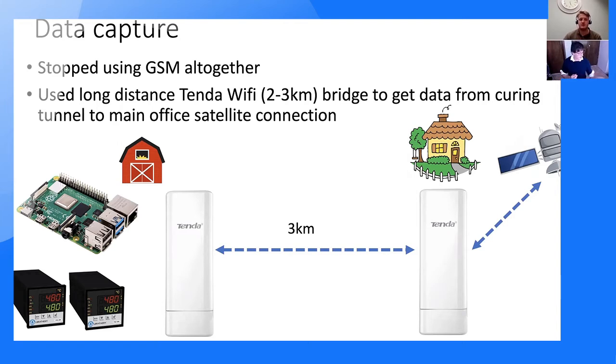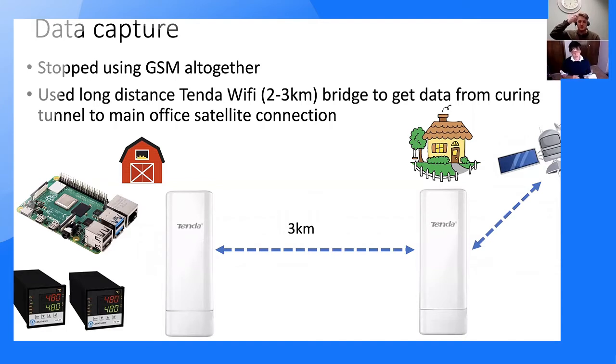We got these long distance devices like this, which are essentially long distance Wi-Fi, which can send data up to 3 kilometers, and we would put one on one side in the barn and another one on the other side to receive data inside the main house or in the office.